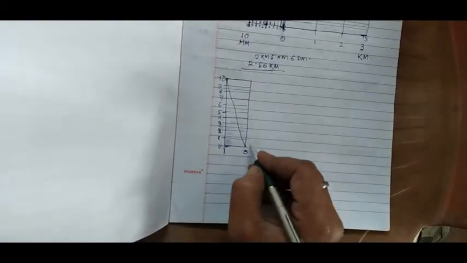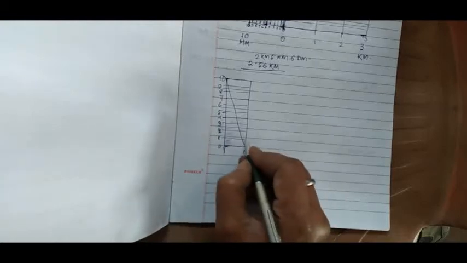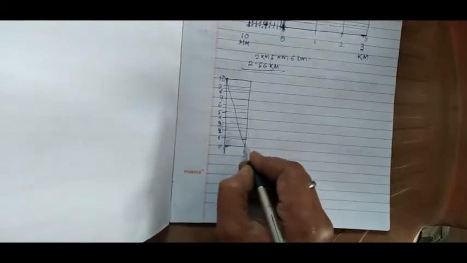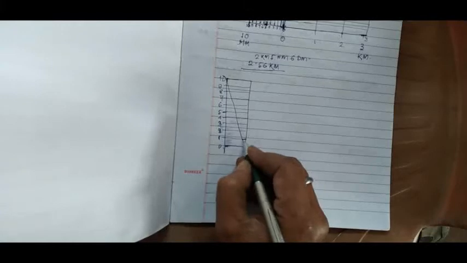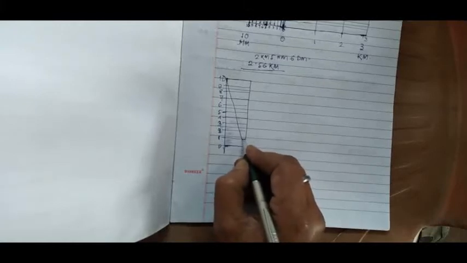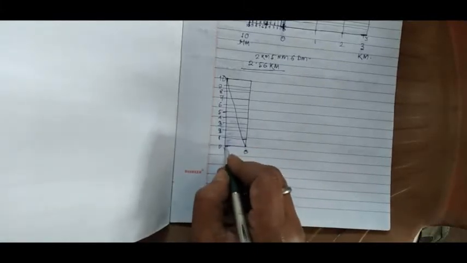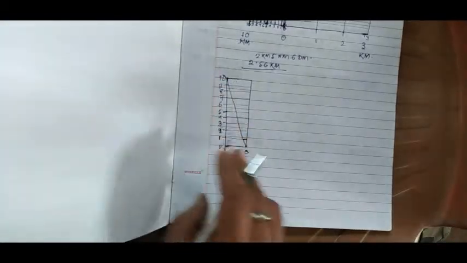This portion is 0.1. If we go through this point from here to here, this distance is 0.1. We divide this into 10 equal divisions by this diagonal.